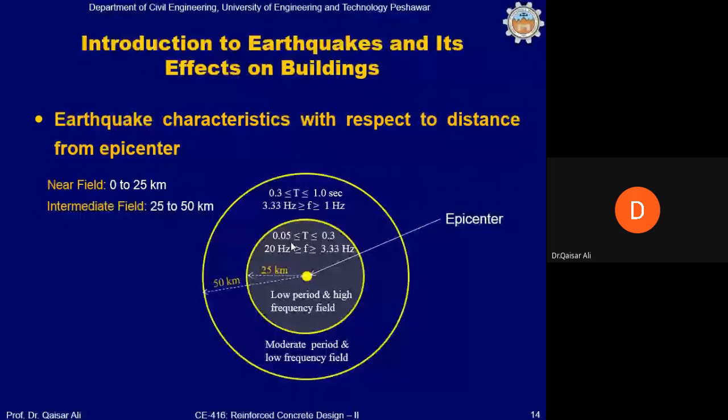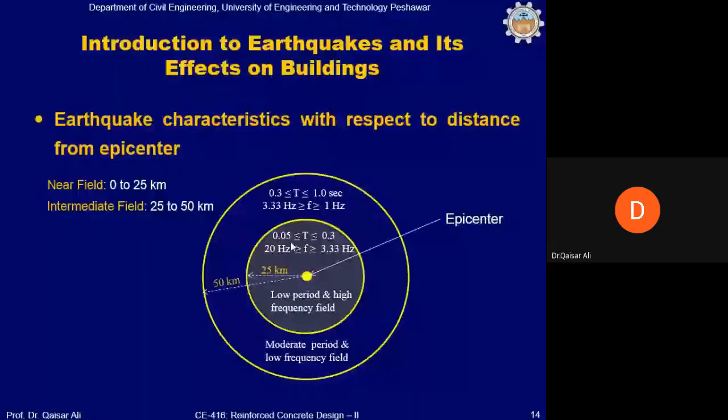All these three characteristics of earthquake waves are very high near the epicenter, which means the duration is long, the frequency is high, and the amplitude is also high. They gradually decrease as we move away from the epicenter, and they have a lot of effect with respect to the structural time period.